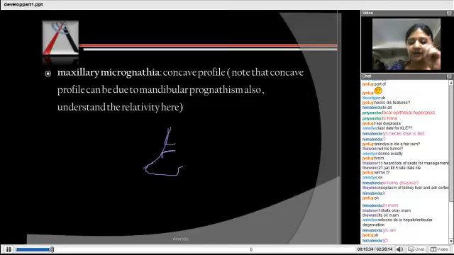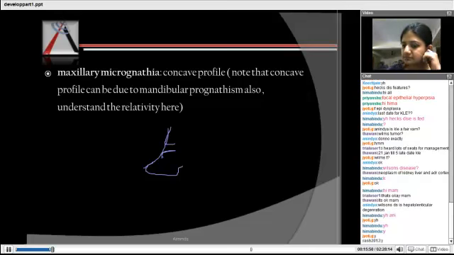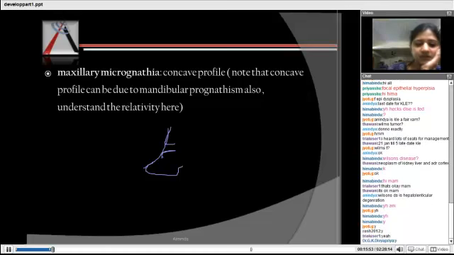But it's possible that the maxilla is normal and the mandible is prognathic. That also results in a concave profile. Are you guys able to follow me? So these are two things that you'll have to be a little familiar with. Easy ones, but something to pay attention to.